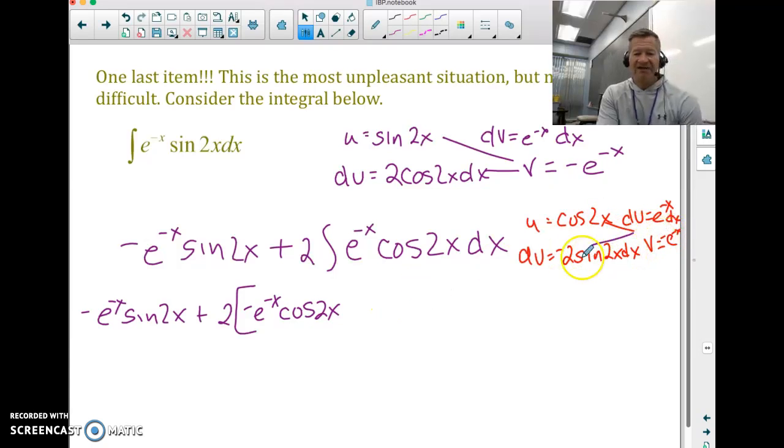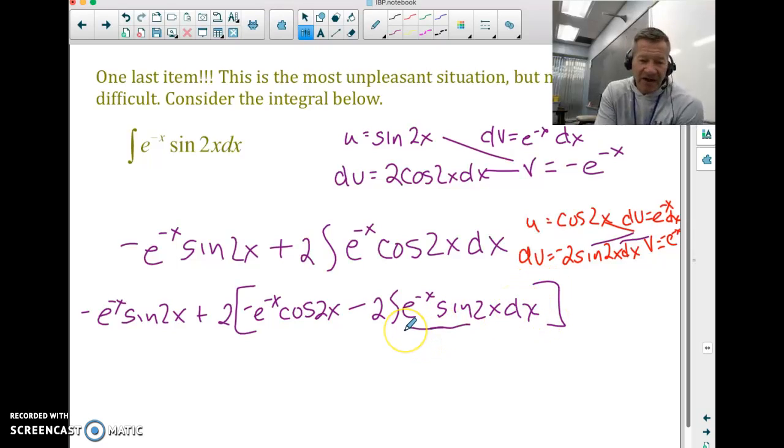So minus a negative times a negative, so 3 negatives, that's going to be negative the integral of v du. So I get a 2 here, bring that outside, e to the negative x sine 2x dx. Now what you notice here is this integral I have is the same integral that I started with.